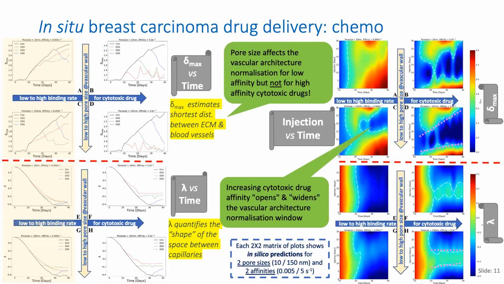As a toxic drug. That was a very interesting finding, as well as the heat maps that indicate the value of the delta max, which is the shortest distance between the vessels, as well as this fractional parameter.